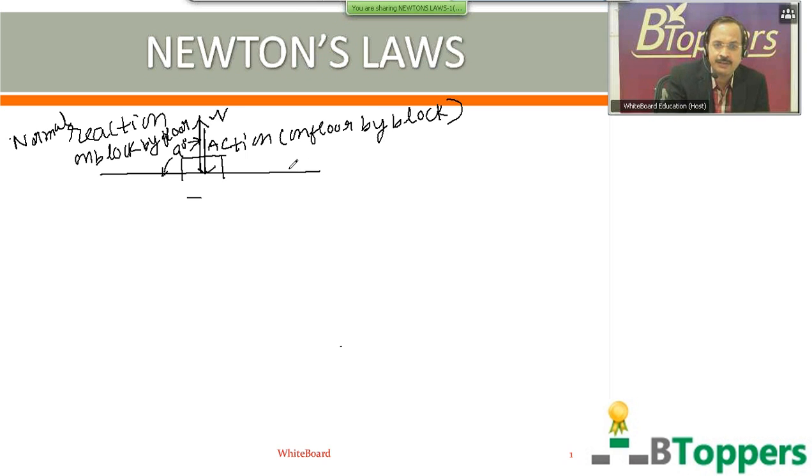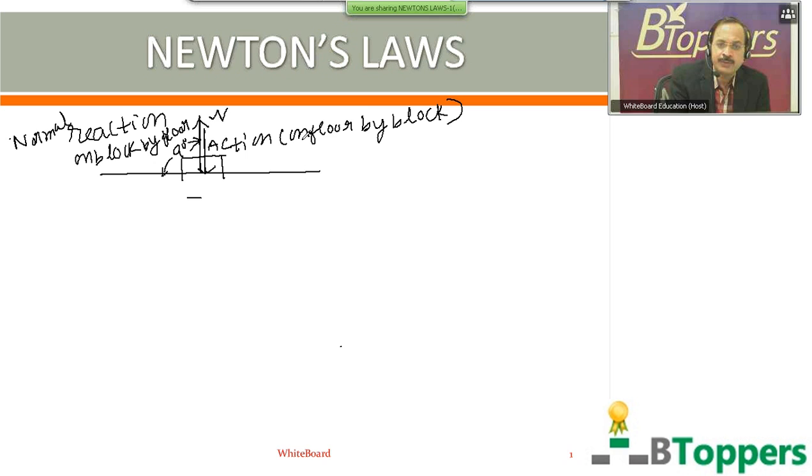The weight mg acts on the block even if the block is not placed in contact with the floor. This action-reaction pair which I have shown in the figure can be called contact forces between the block and the floor. These forces arise due to the contact between the block and the floor.